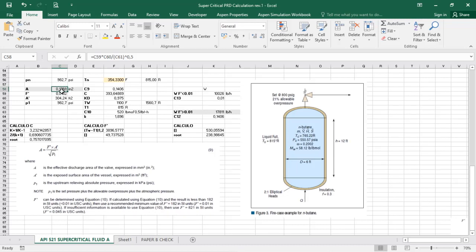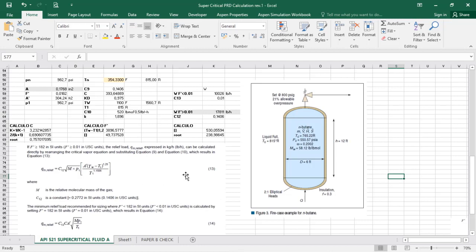Once I have the orifice and I have the F dash, I can do the calculation of the relief loads for this pressure relief device. To do that, we need to go to another equation that will consider a value if we have the F dash below 0.01 or above 0.01.